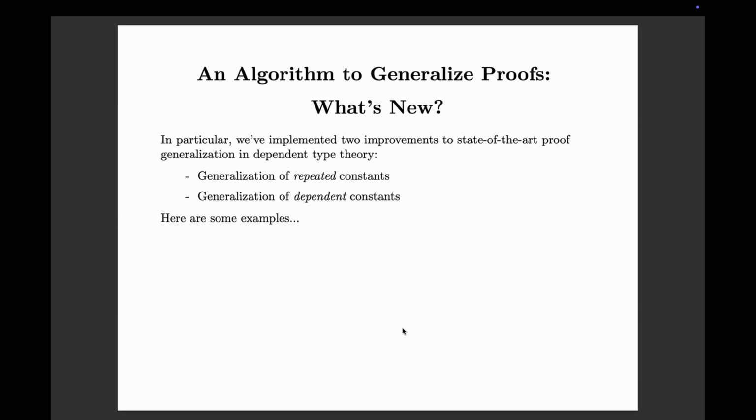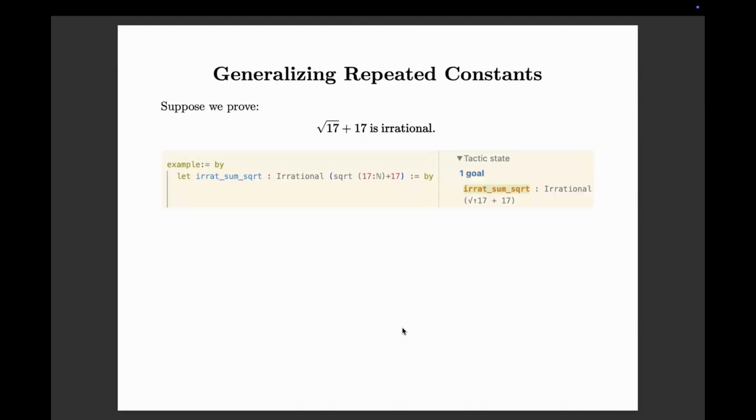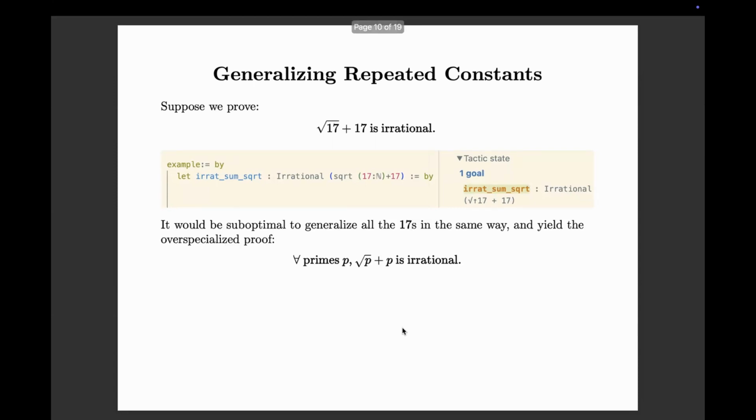Okay, so what do we add to what already exists? We focused on adding robust generalization of repeated constants and dependent constants. So I'll explain what I mean by that in these next few examples. Suppose you prove that the square root of 17 plus 17 is irrational. It would be very silly to generalize this to the theorem for all primes, the square root of the prime plus any prime is irrational.